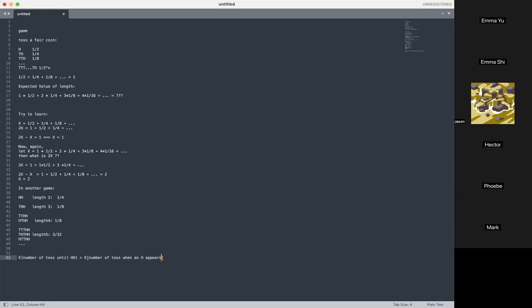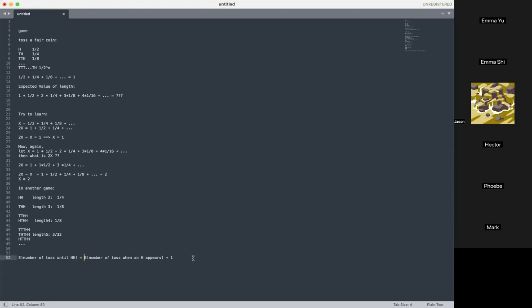If an H appears and then we get another H, then we just need to add one to the length. So we get another H. Then we can stop here, because say in this case we get TTH and then we get an H, then we stop. The length is just the number of tosses when the first H appears, and then we plus one because this one means another H.